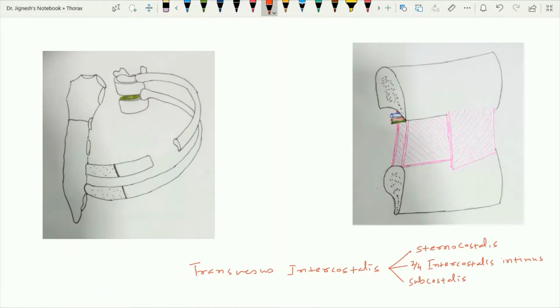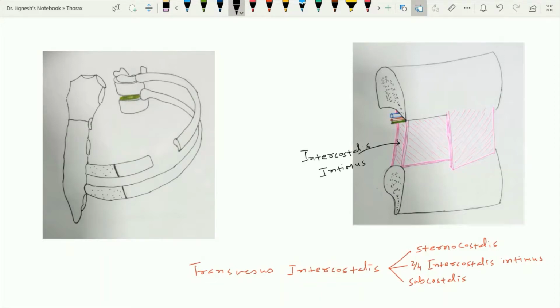So here, in the typical intercostal space, in the middle two-fourths, we are going to concentrate mainly on the intercostalis intimus muscle, and this intercostalis intimus muscle is situated deep to the internal intercostalis muscle. So here in this figure, this is the intercostalis intimus muscle.